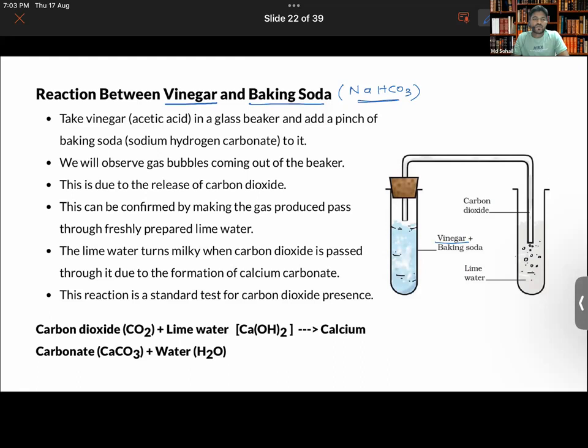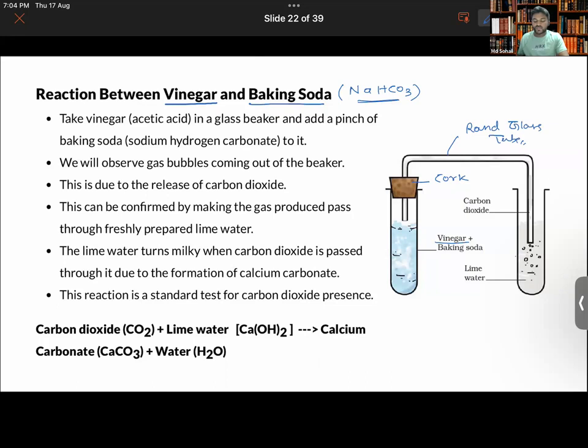Now we will observe that gas bubbles will start coming out of the beaker. So we will close the mouth with a cork, make a hole in this cork and take a round glass tube that we have taken here.